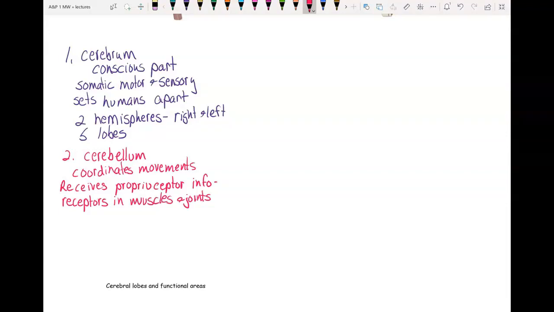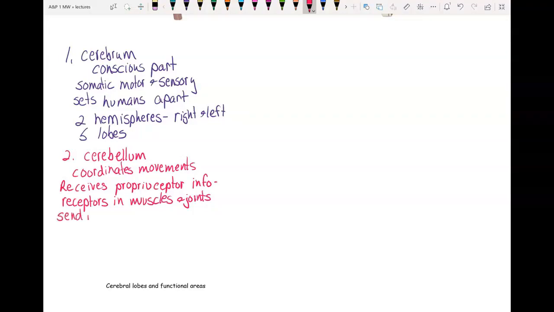And they keep track of where your body parts are. This is something you take for granted. You don't have to really think about it. It's just always been like that. But you know where your foot is right now. You know where your arm is right now. That's your proprioceptors reporting to your cerebellum.